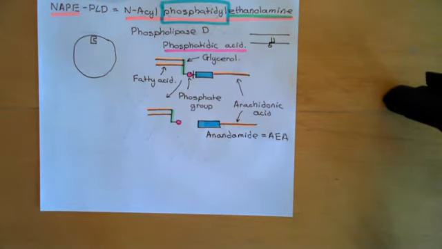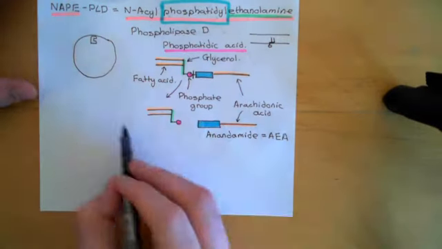Right, now let's turn our attention to the synthesis of 2-arachidonyl glycerol, the other endogenous cannabinoid molecule. You will remember that 2-arachidonyl glycerol was just a monoacyl glycerol. It was just a glycerol molecule with a single long-chain carboxylic acid attached to it that just happened to be arachidonic acid.